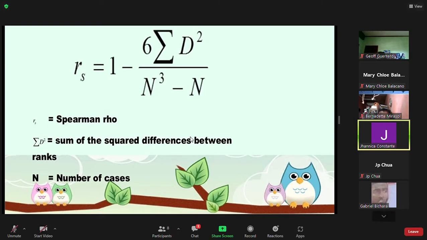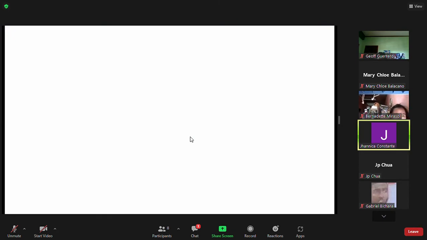For example, we have this set of data. The set of x has the values 4, 3, 5, and 7. For the set of y, we have 3, 7, 2, and 5.